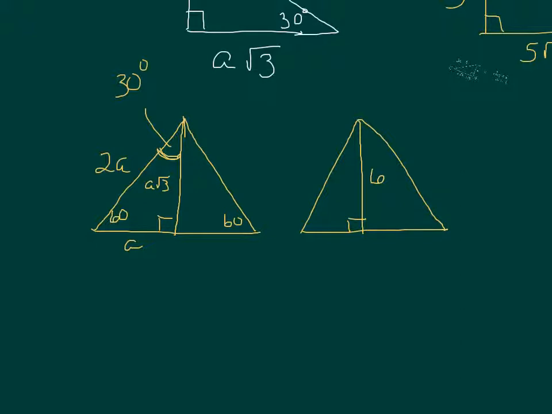So 6 is equal to A square root of 3, because it's the side opposite the 60 degree angle. Remember, this is 60. So how am I going to solve this for A? Michael? How do we solve this equation for A?